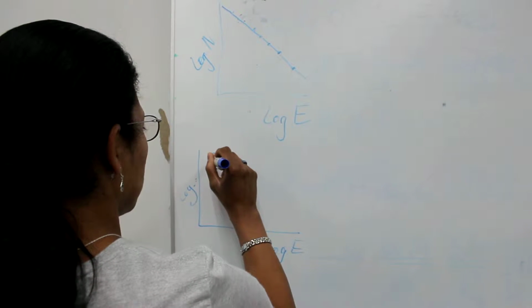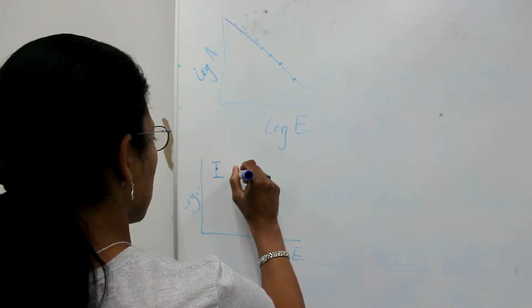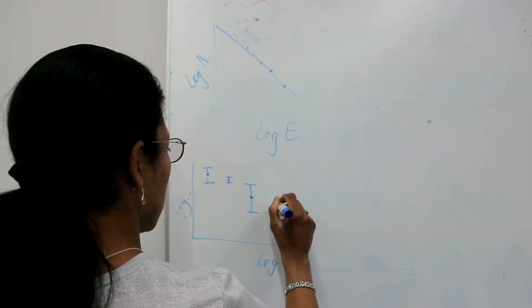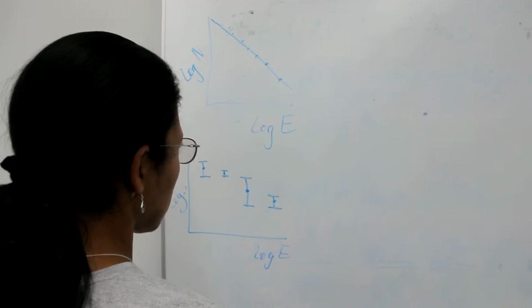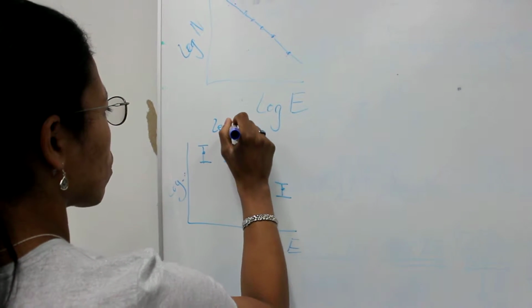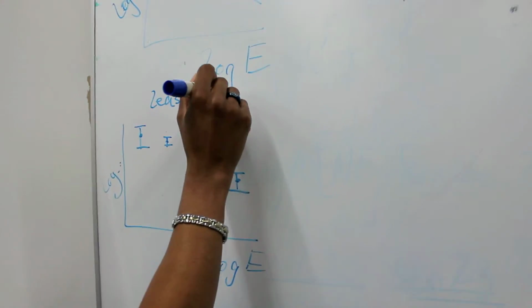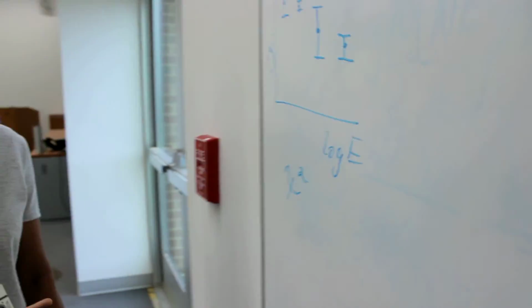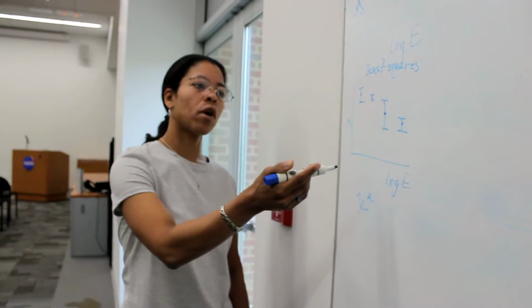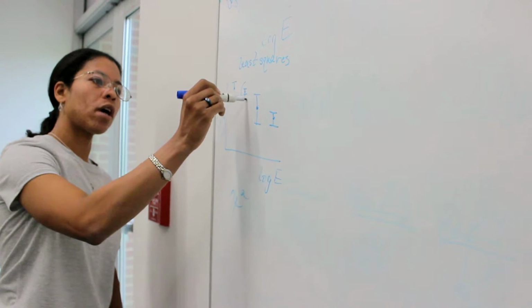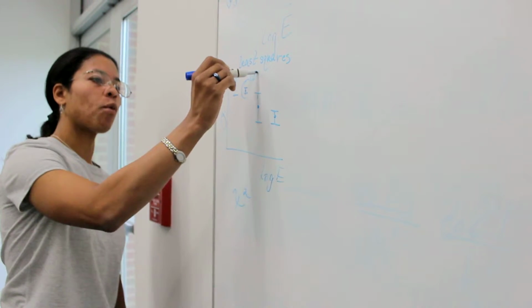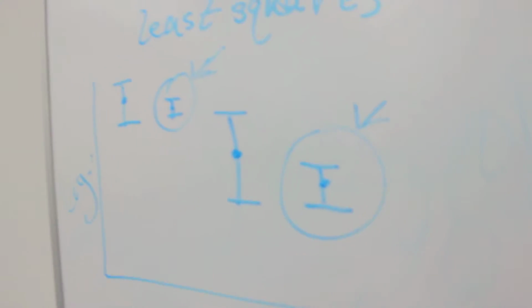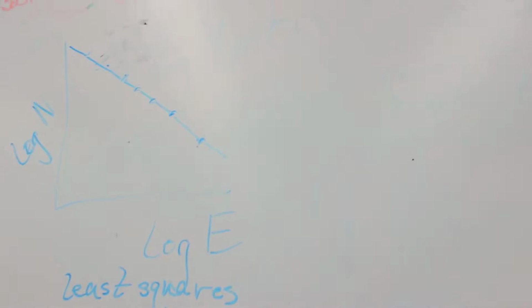If you had real data with real error bars, you would actually use chi-squared, not least squares. Chi-squared is basically like least squares, except it gives more weight to the points that have smaller error bars. But right now we're not fitting data, so we use least squares.